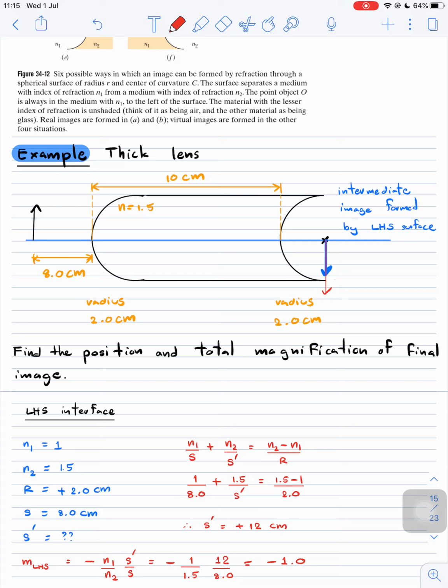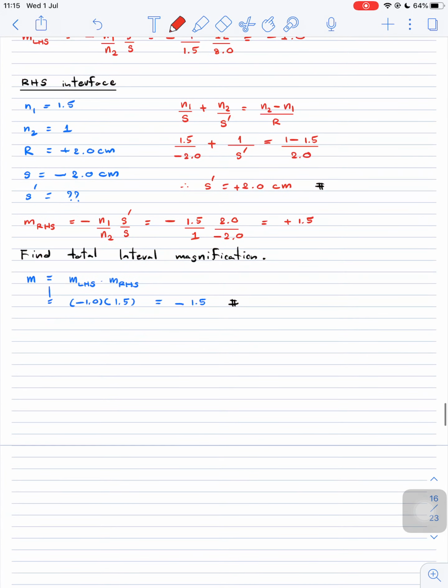So this is going to be the final image, right? And then we can conclude that the final image is on the right hand side of the second interface.